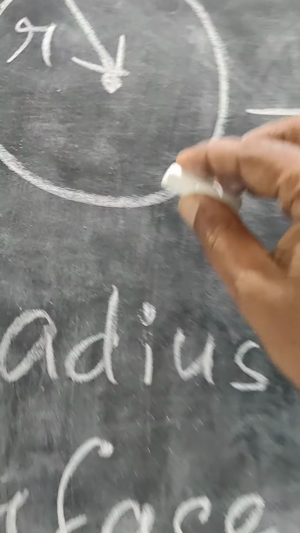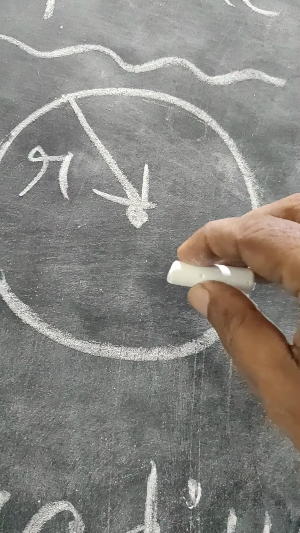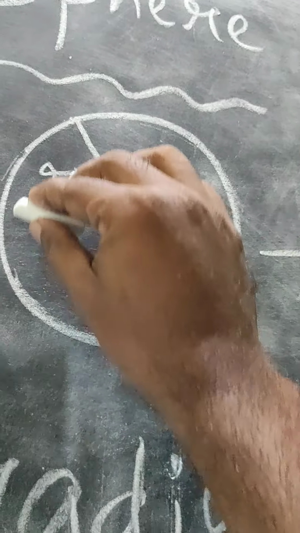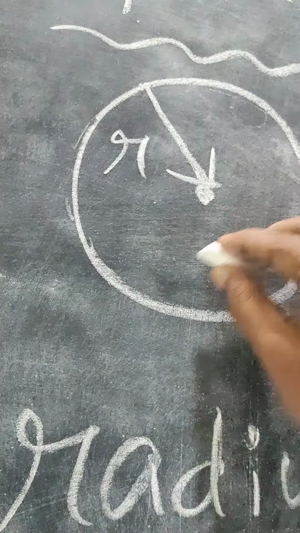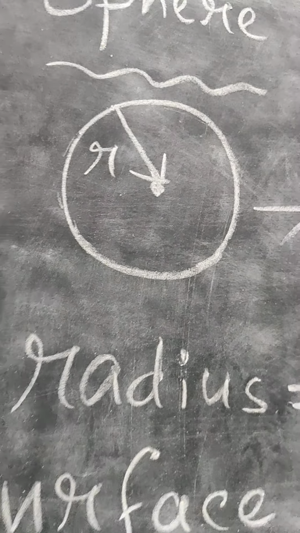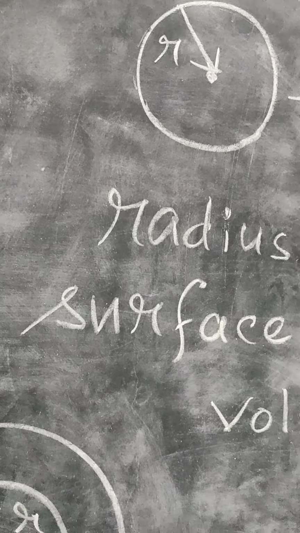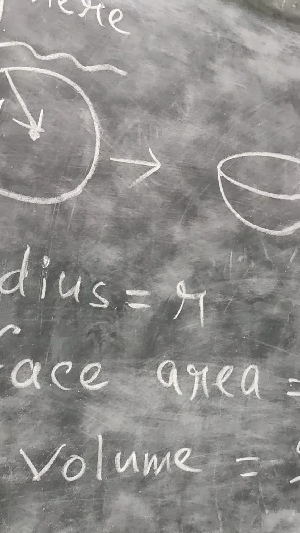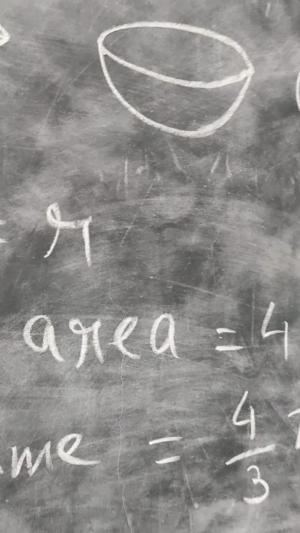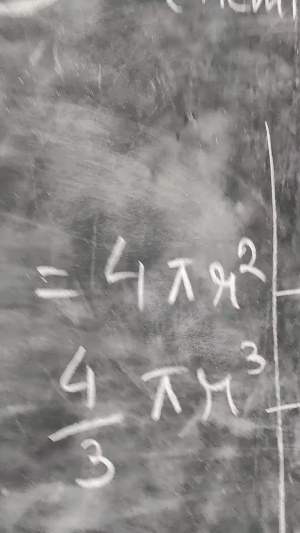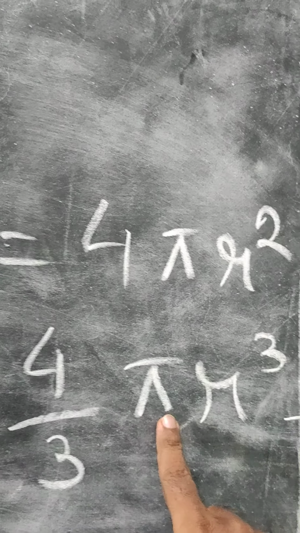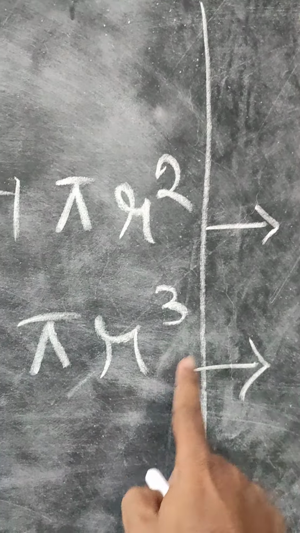And the volume, what do you understand by volume? Volume means the entire inner part. So what is the formula of the volume of a sphere? The formula is 4 by 3 pi r cube, cubic unit.